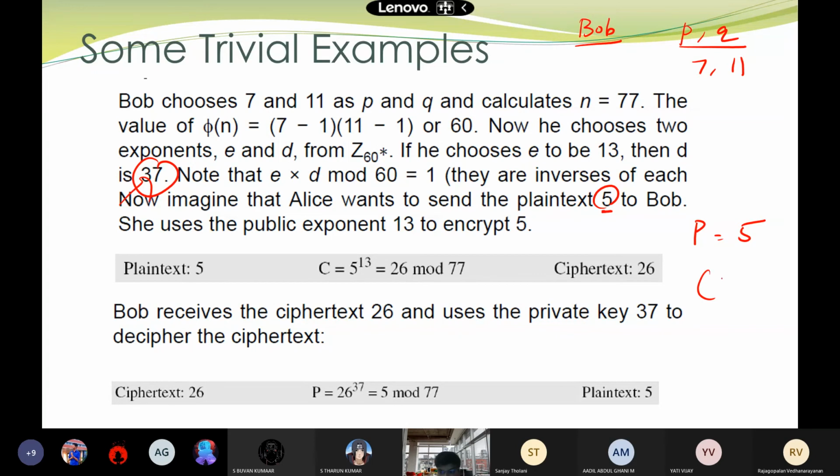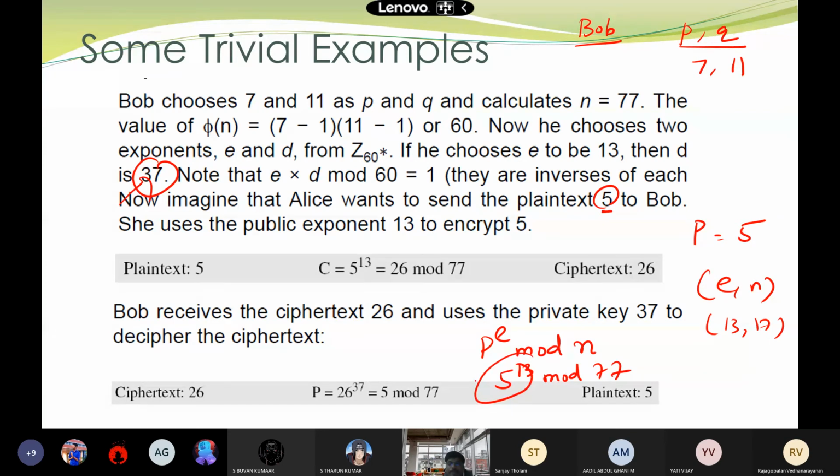He has got the e, n, which is basically 13 comma 77. So Alice has to compute p power e mod n, that is 5 power 13 mod 77. You will know the difficulty: multiplying 5 thirteen times and then dividing by 77 to get the remainder is going to take you time.